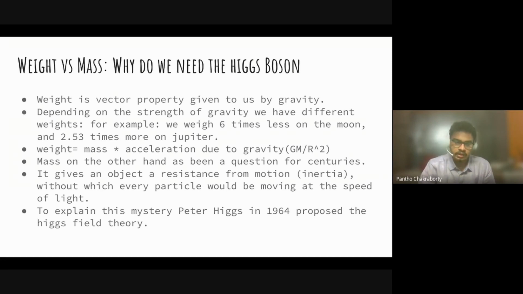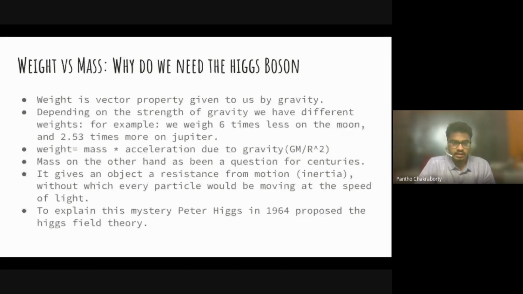For example, we weigh 6 times less on the moon and 2.53 times more on Jupiter. So if somebody is 100 kgs here, he'll weigh 253 kgs on Jupiter. And if somebody is 60 kg here on Earth, then he'll weigh about 10 kgs on the moon. So that's weight. I am using the unit kg, which is a unit of mass.